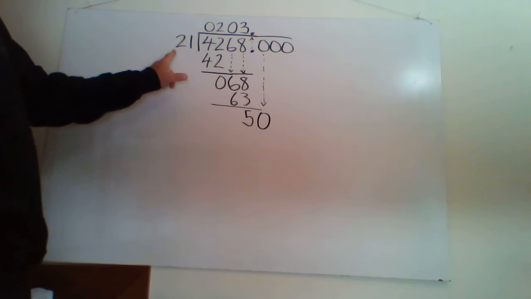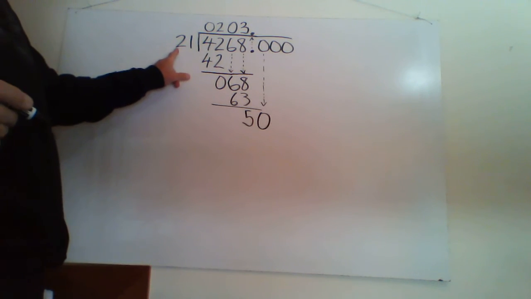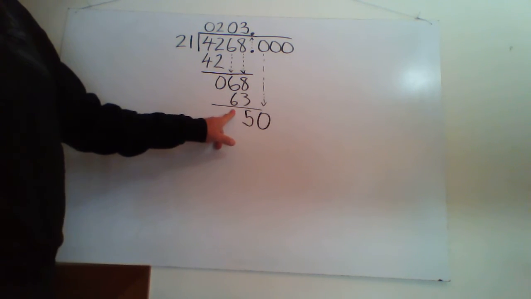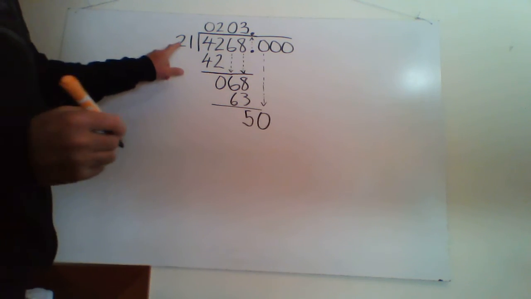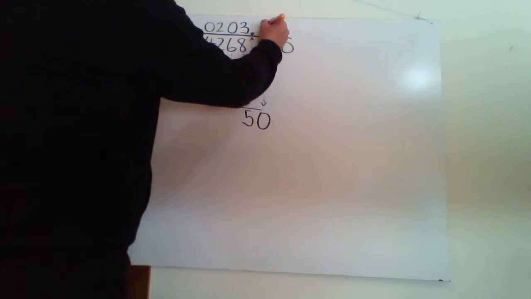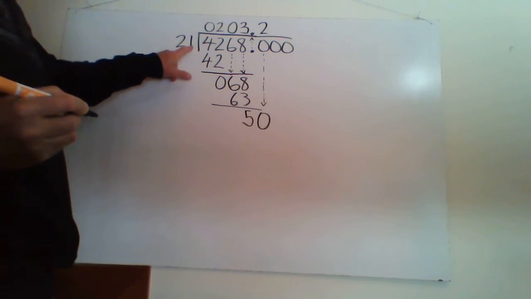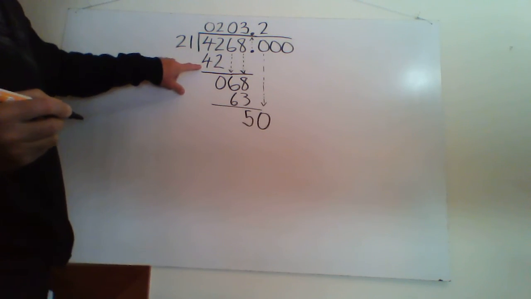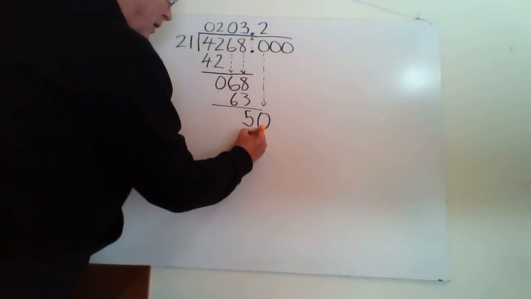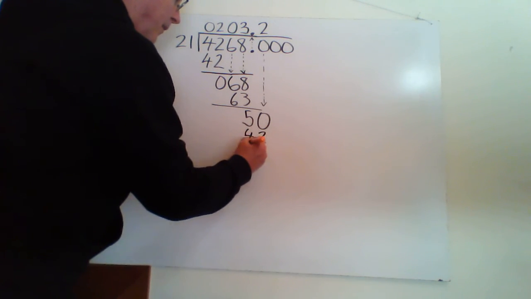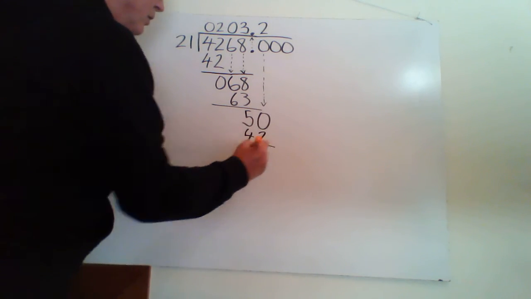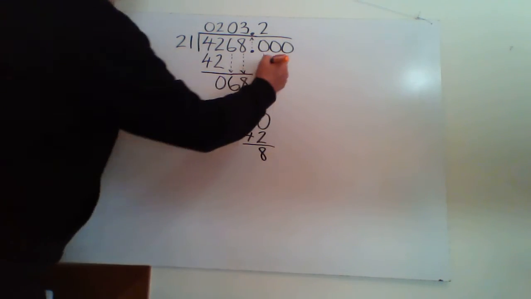So I remember before that 21 times 3 was 63. That's too big. So that means 21 times 2 is what I've got. I remembered that 21 times 2 is 42. 50 minus 42 is 8.